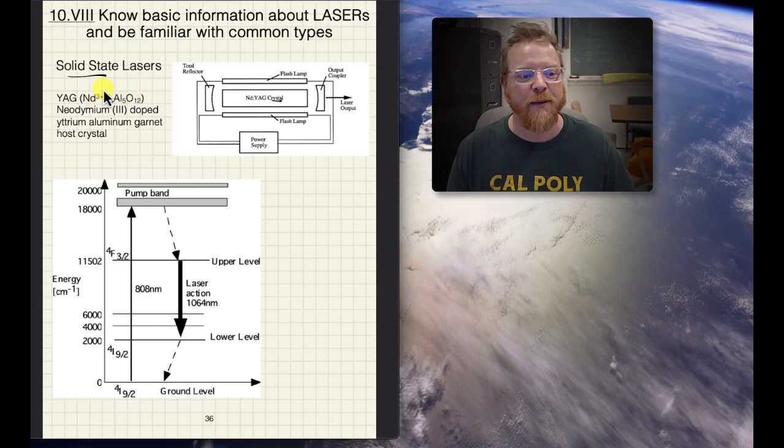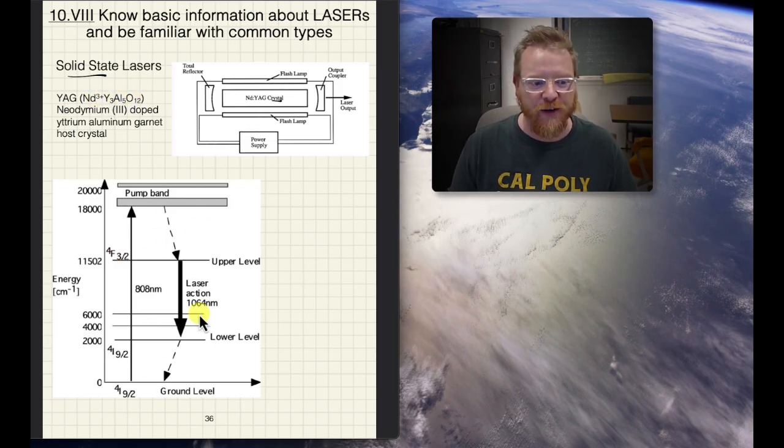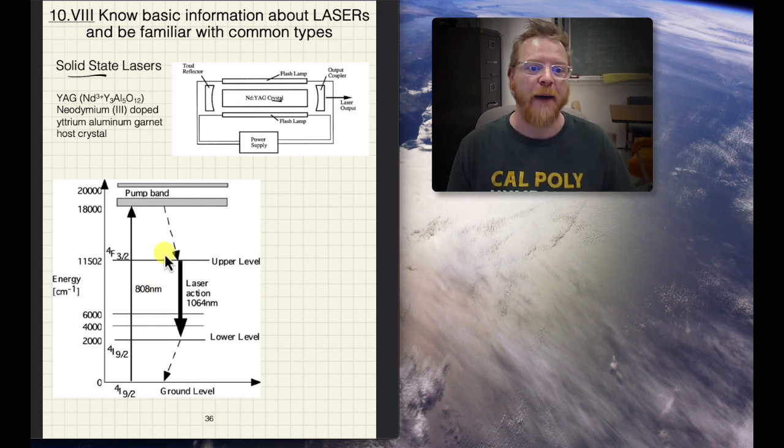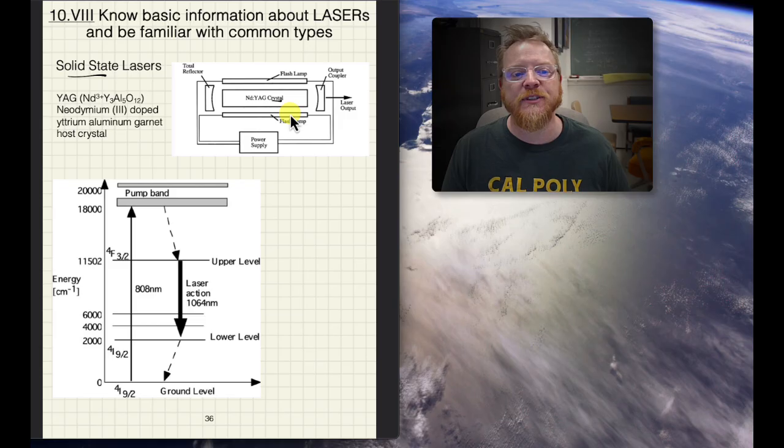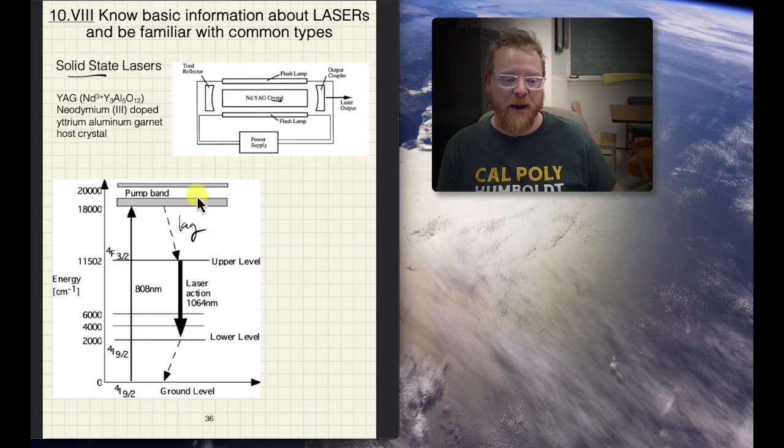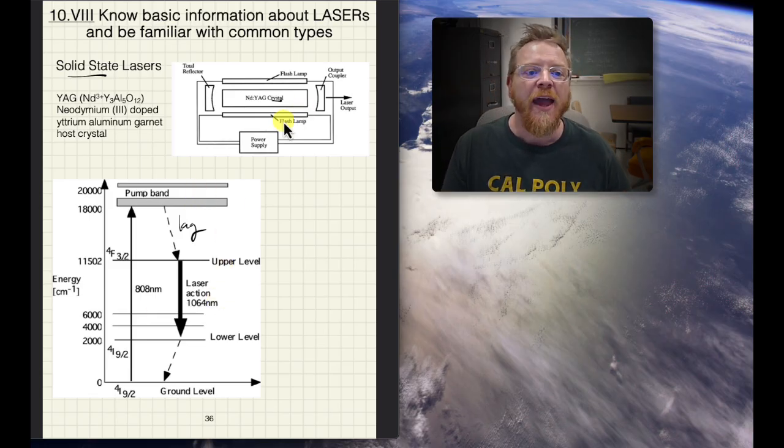So that neodymium-3, here's the energy surface of that. And so similarly, you'll use these lamps to pump the neodymium up into its pump band. And then we get non-radiative transfer to this upper level. So that creates our delay or our lag. So we get a population inversion.